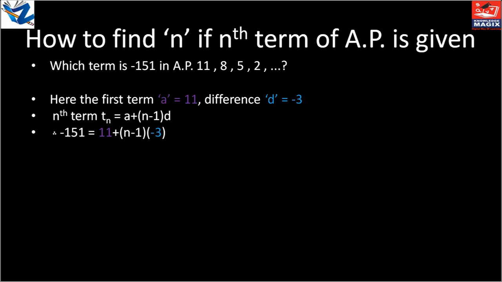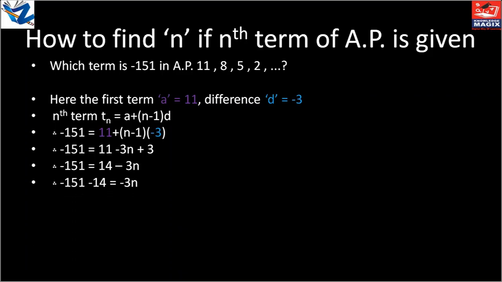Therefore, minus 151 is equal to 11 plus n minus 1 into minus 3. Therefore, minus 151 is equal to 11 minus 3n plus 3. Therefore, minus 151 is equal to 14 minus 3n.